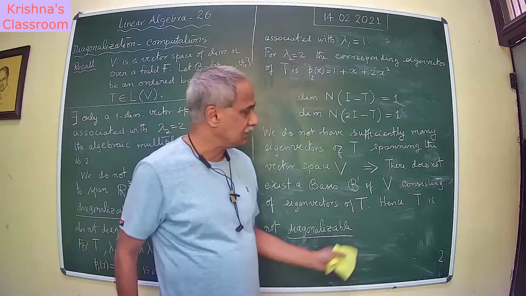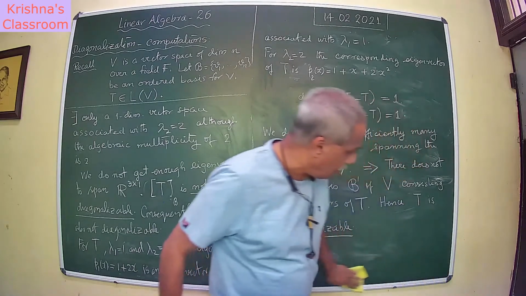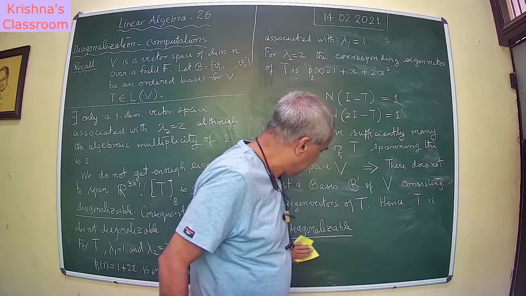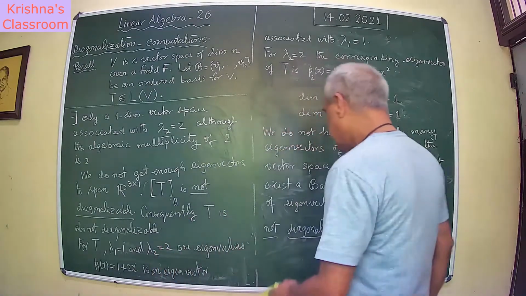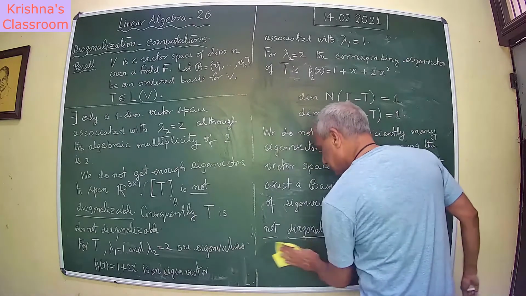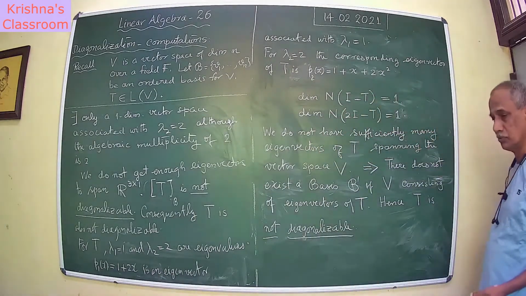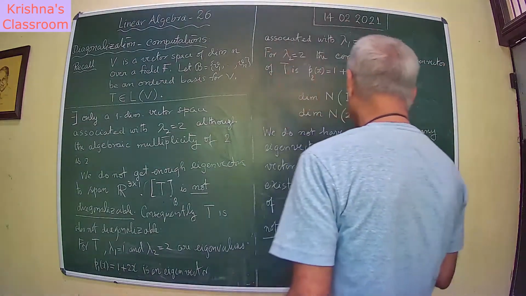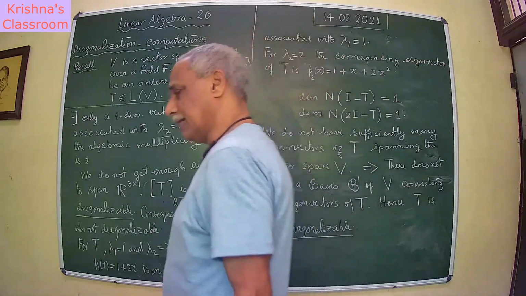Therefore, T is not diagonalizable. Okay? So it's not that T is always diagonalizable, even if you have enough eigenvalues. Okay, right. So that throws some light into the type of problems that you are going to encounter.